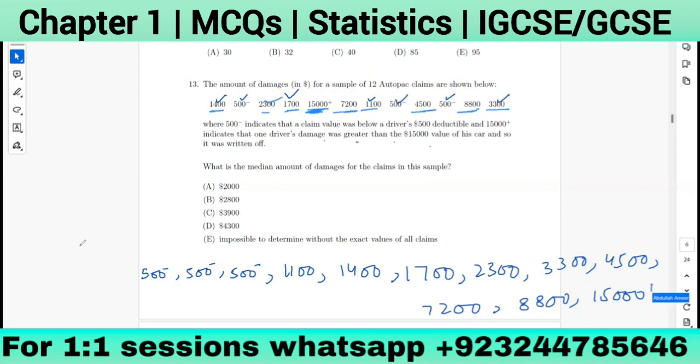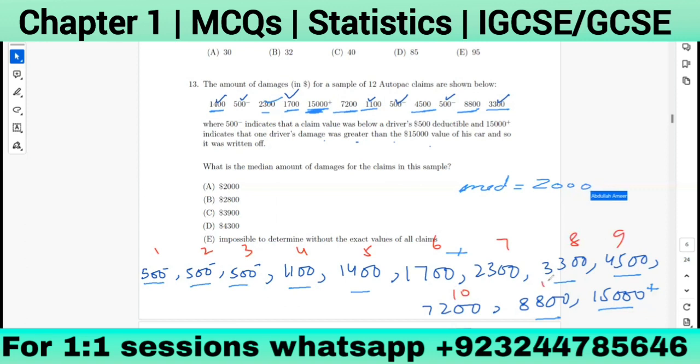Okay, find the median. I'm giving you 2 minutes. The total is going to be 1, 2, 3, 4, 5, 6, 7, 8, 9, 10, 11, 12.